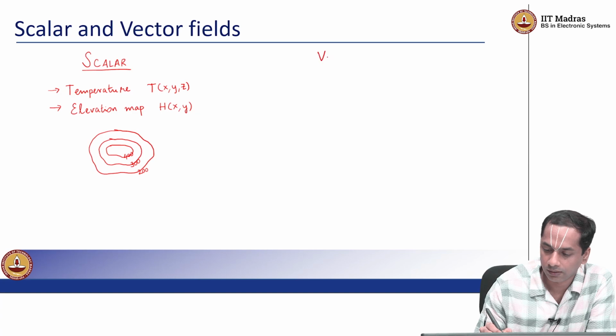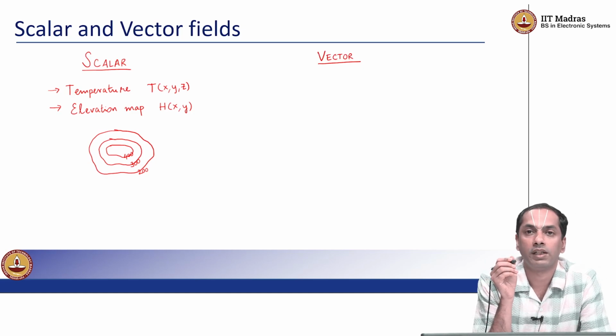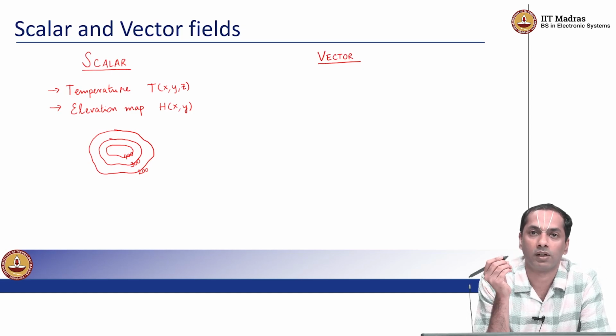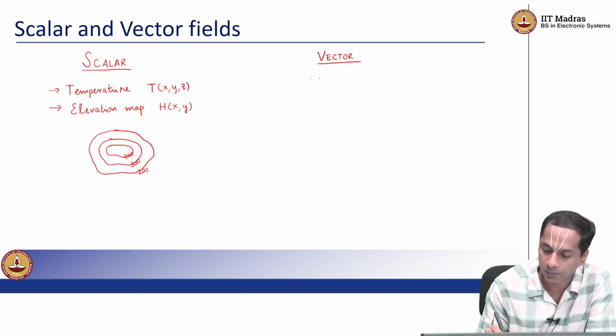Now on the other hand, for vector fields, I associate three numbers with every location x comma y comma z. Examples can be the air velocity.